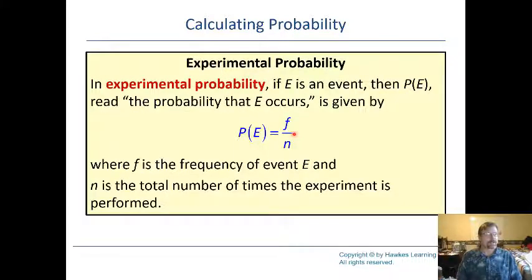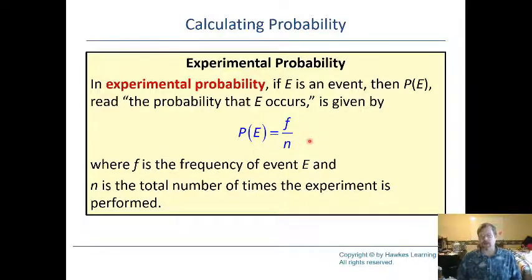Next, we have experimental probability, and we'll introduce some notation here. Probability, P of E, is the probability that E occurs, is given by some frequency of events and number of times you've performed an experiment.